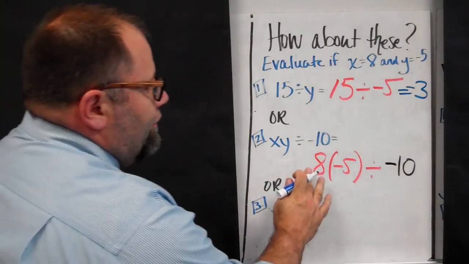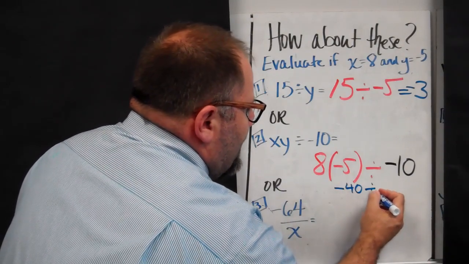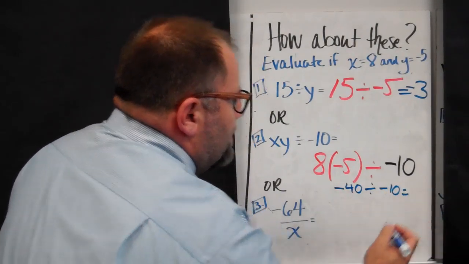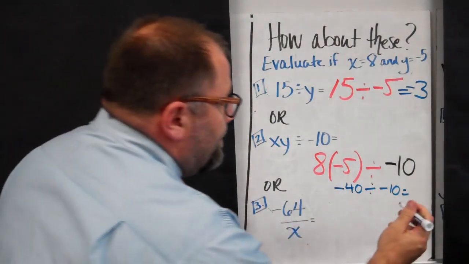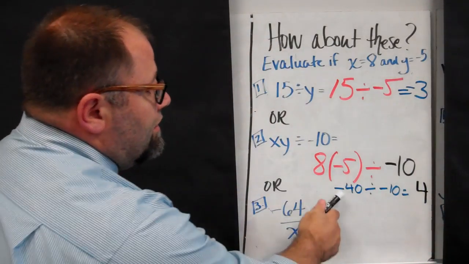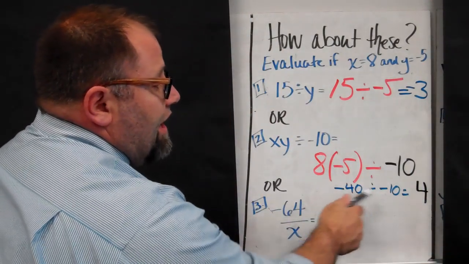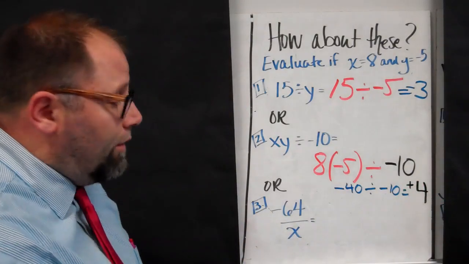So we have negative 5 times 8 is negative 40 divided by negative 10. And I do the math first. I know 40 divided by 10 is 4. Then I check the signs. Negative divided by a negative. Same signs, positive answer. The answer is 4.